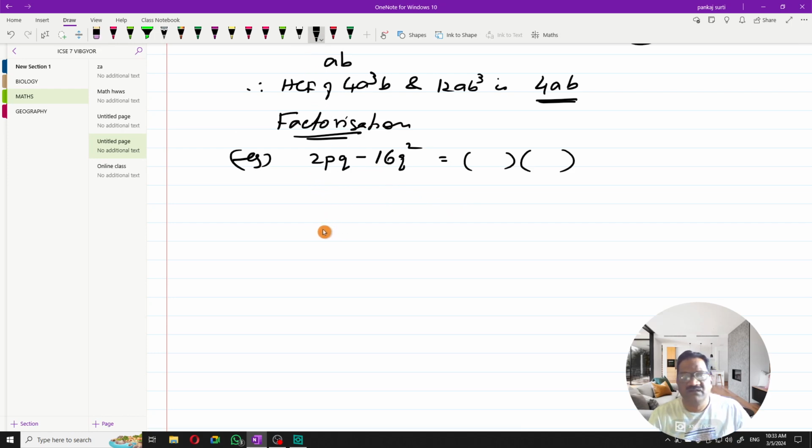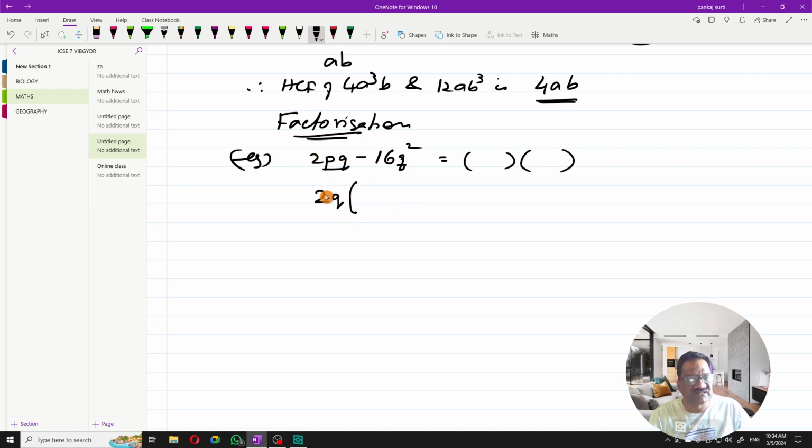So from this 2 and 16, the highest common factor will be 2. Okay. And from these variables, PQ and Q square, the highest factor that I can take is Q. Right? And then I'll put a bracket.